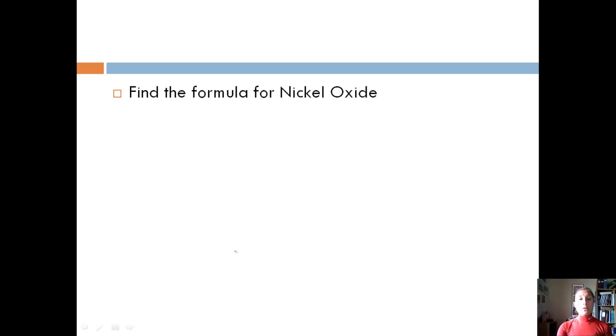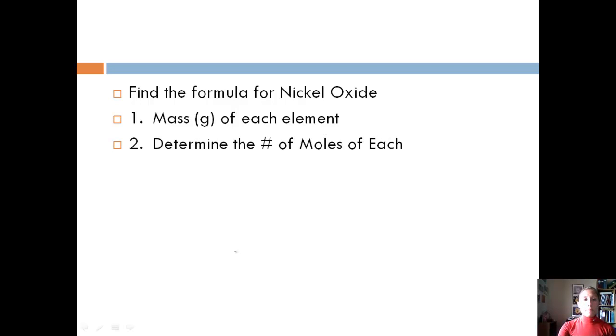So if we want to find the empirical formula for nickel oxide, or the ratio of the number of moles of nickel to oxygen, then we need to do a few steps. The first thing is to find the mass, or the grams, of each element. We were given the grams of nickel, we subtracted to get the grams of oxygen, so we have both of those.